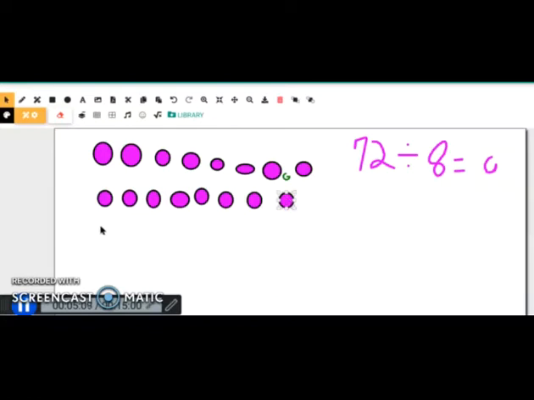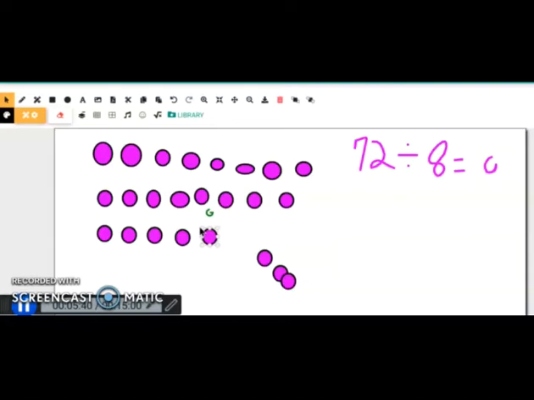So we have 16 of the 72 on here, and I'm just going to keep going. So there's 1, 2, 3, 4, 5, 6, 7, 8. So I'm going to go ahead and pull those over. Now I have 3 rows, and for those of you that have passed your 3s, you know that 3 groups of 8 equals 24.